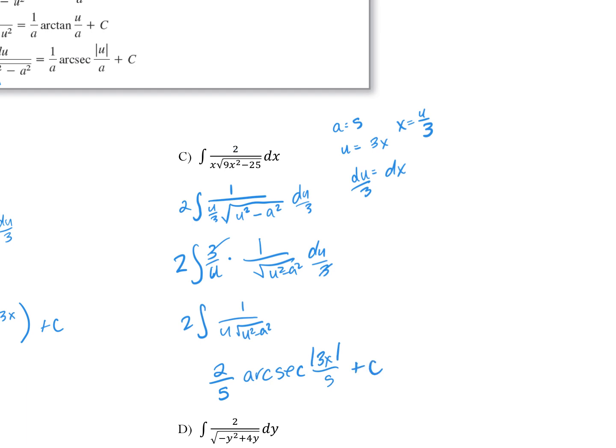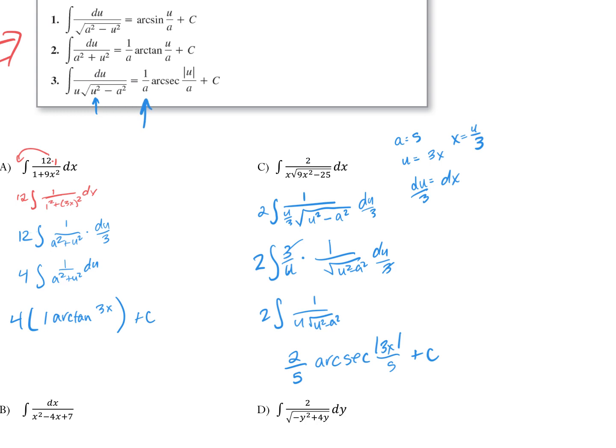If you multiply 2 to the 2/5, would you have to multiply 2 to all of them? Say that again? Because you said 2/5, and I'm assuming that's just from the... That's the 1 over a. No, because the 2 is just being, you should think of it as this.